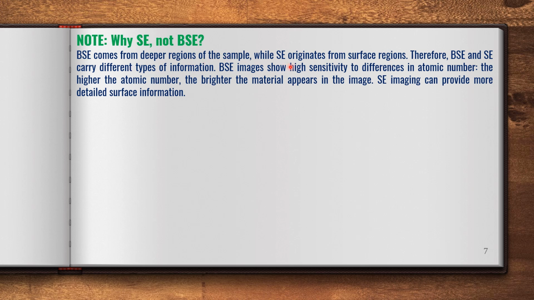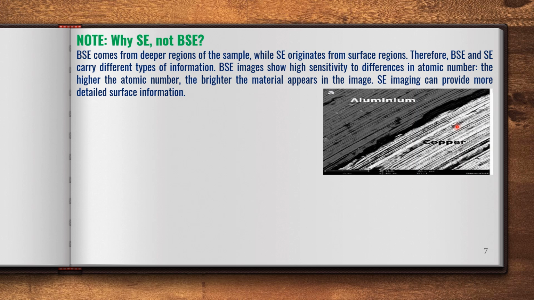So if you want to study surface related properties, secondary electrons are preferable. And BSE differs for different atomic number samples. For example, a high atomic number appears brighter compared to a lower atomic number. SE imaging can provide more detailed surface information compared to the backscattered electrons.